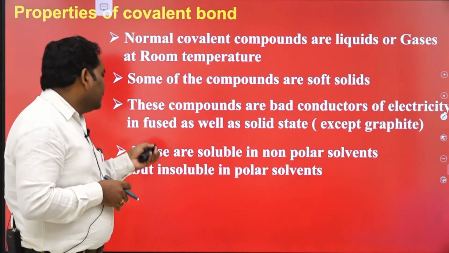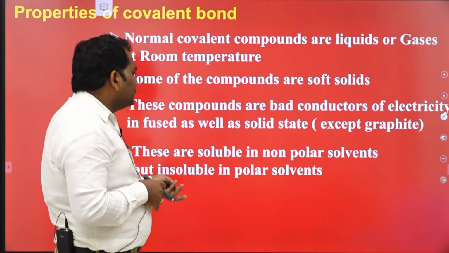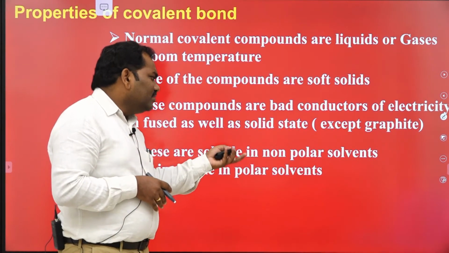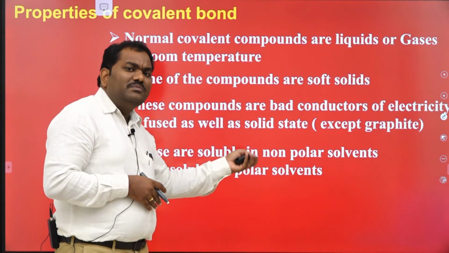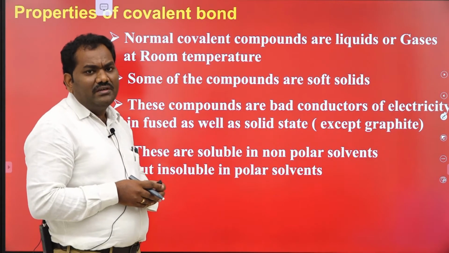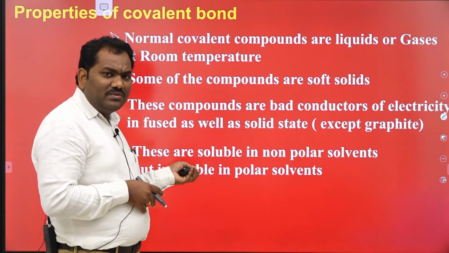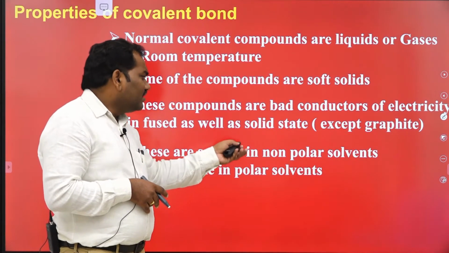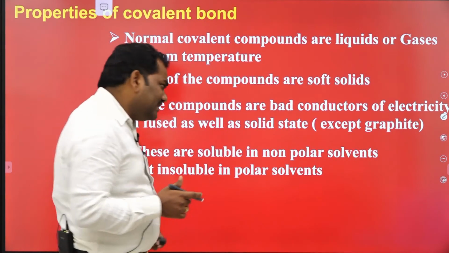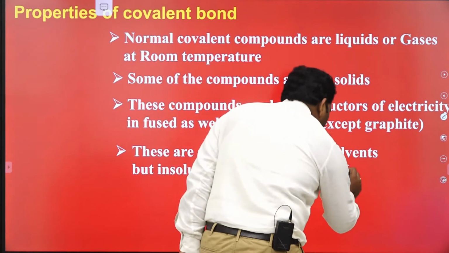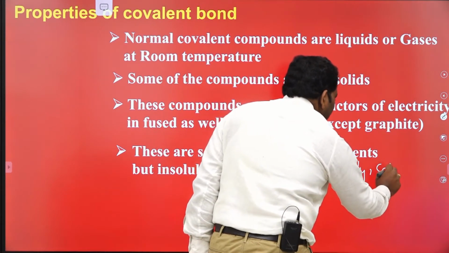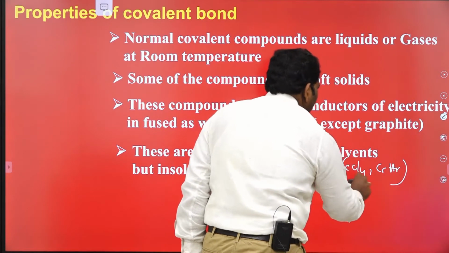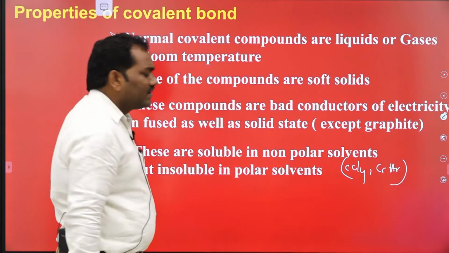Due to this, these non-polar compounds are generally insoluble in polar solvents and soluble in non-polar solvents. Covalent compounds are non-polar compounds, that's why they are soluble in non-polar solvents like CCl4, benzene C6H6, and toluene.